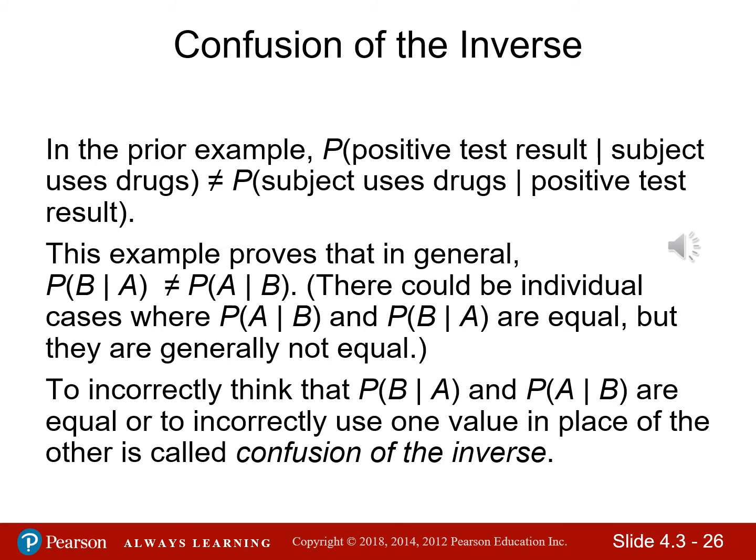To incorrectly think that the probability of B given A and the probability of A given B are equal, or to incorrectly use one value in place of the other, is called confusion of the inverse.